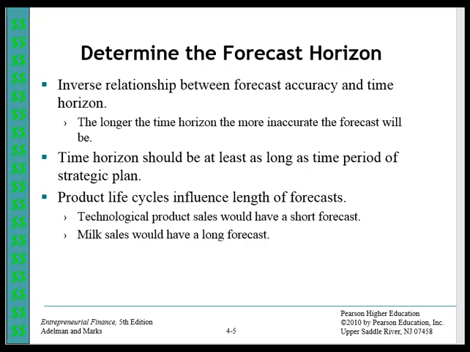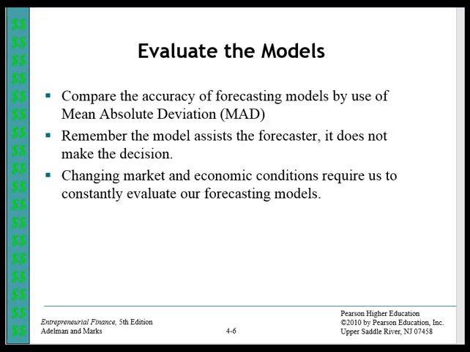So how do we ultimately evaluate these models? We want to look at accuracy. One of the things we use with respect to accuracy is something called the mean absolute deviation. In other words, what is the difference between what's happening and what our forecast predicts?